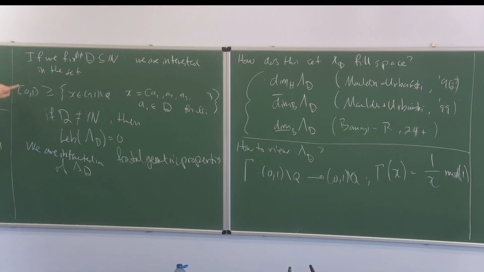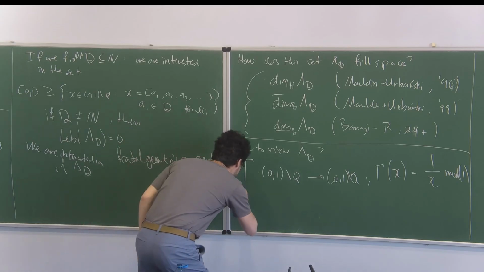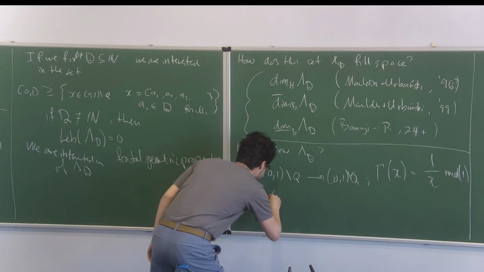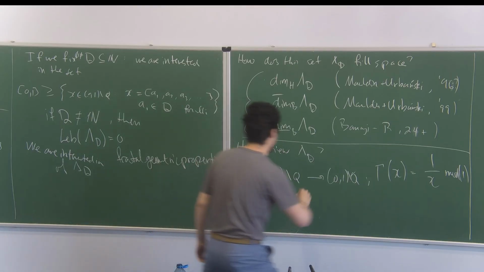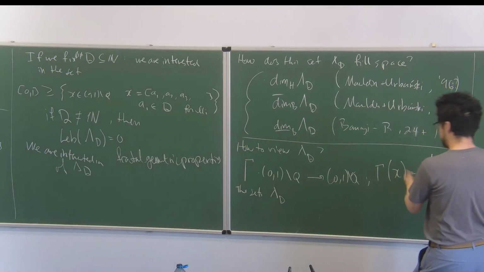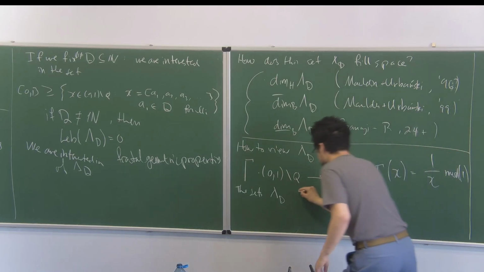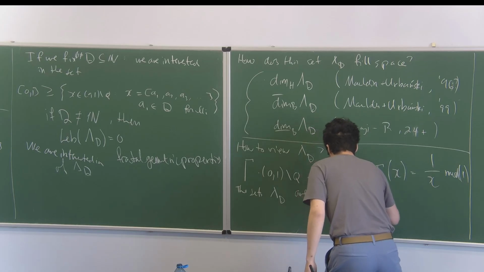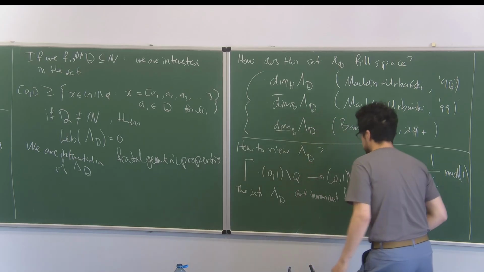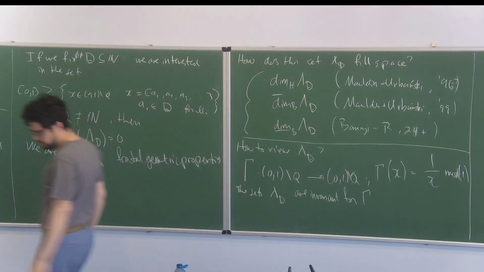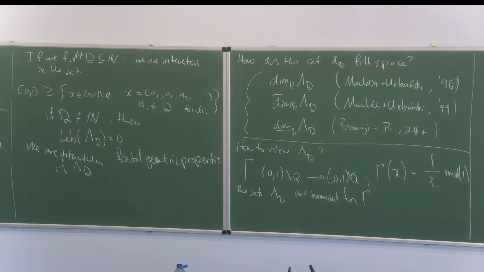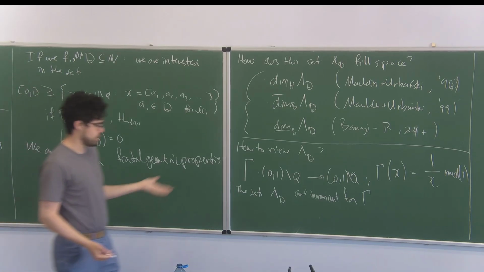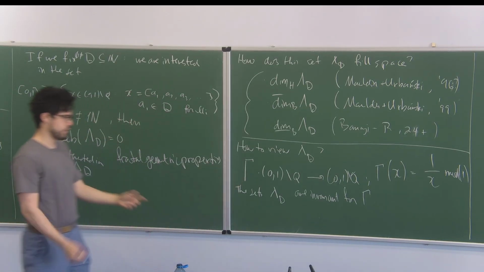And the point is that these sets lambda sub d are invariant sets for the Gauss map. I mean, they're not the only ones. Forward invariant. They're not the only forward invariant sets, but I think this is a reasonable candidate for the simplest examples of forward invariant sets for the Gauss map.